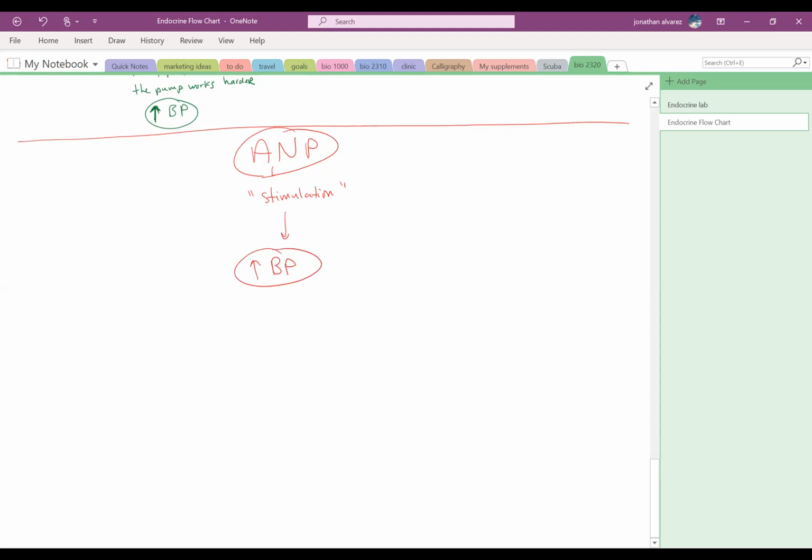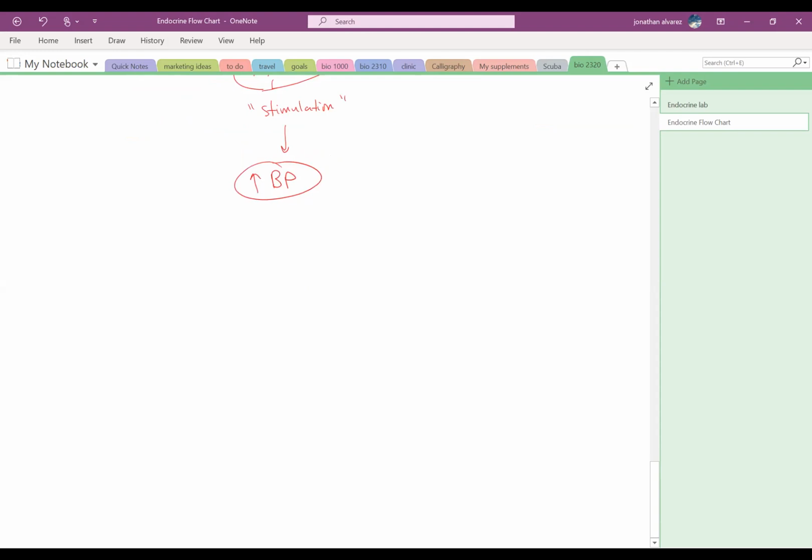So in the heart, here's the right side of the heart, here's the left side of the heart.